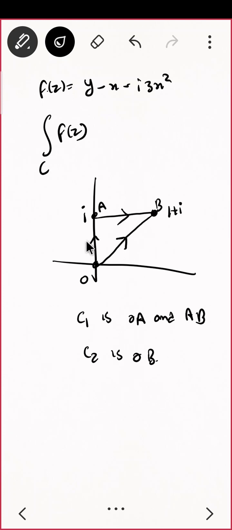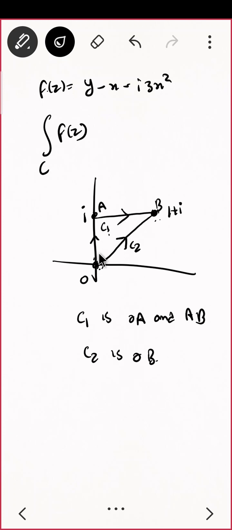One way is C1, OA and EB together. And this is C2, directly going from O to B. So you have to find two integrals. First one is over C1, second one is over C2.